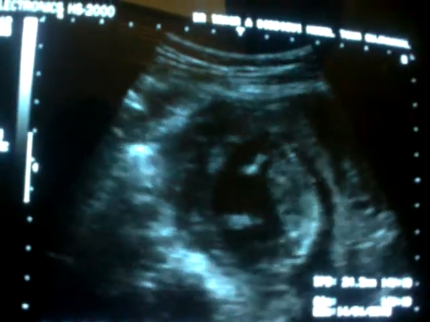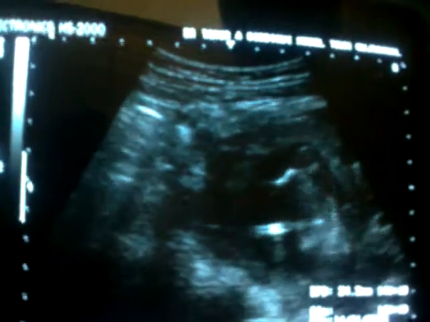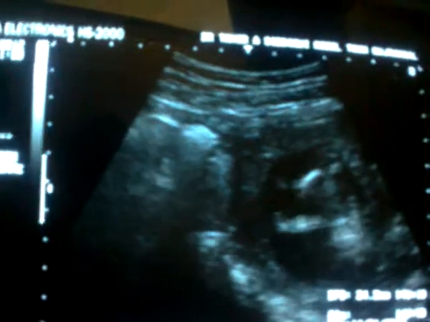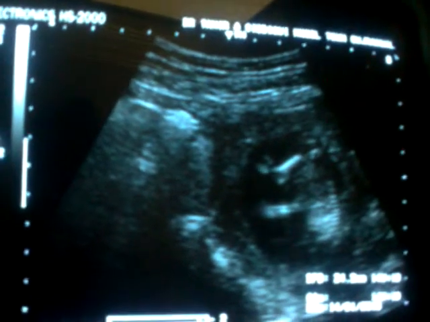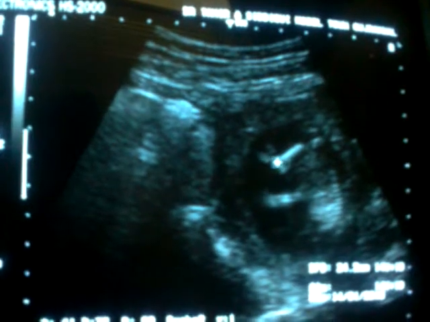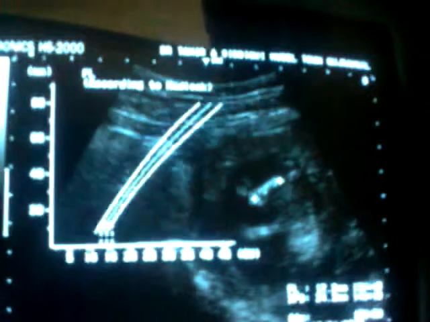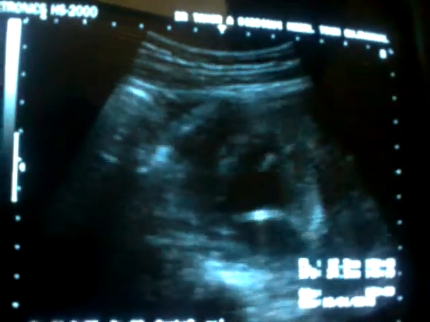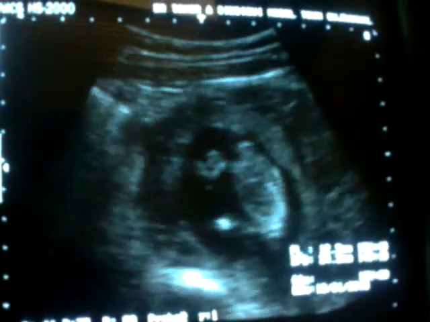This is the femur. This is the femur, corresponding to 13 weeks gestational age.